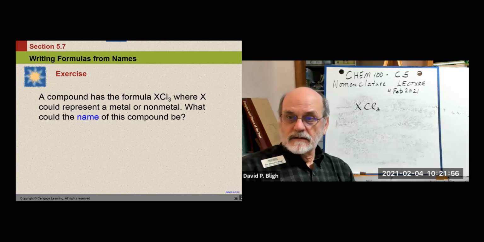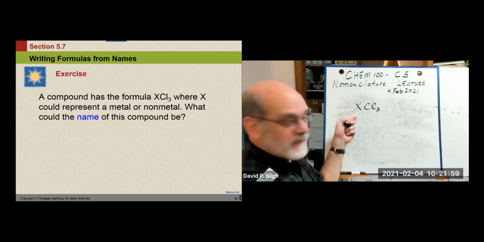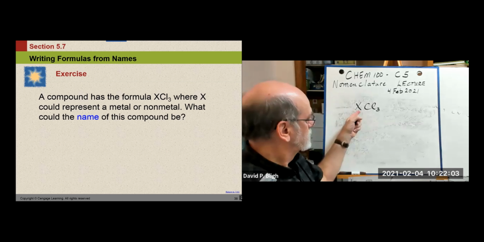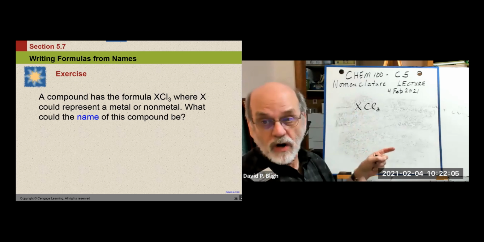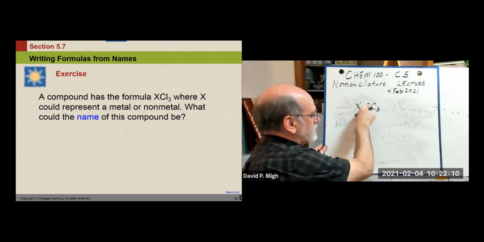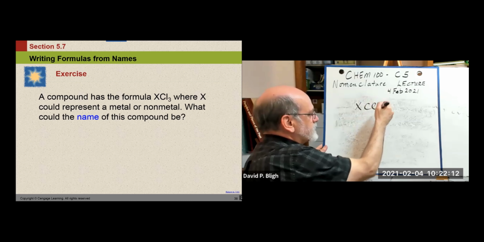Well, if it's a metal, then it depends on the charge, right? The charge would have to be 3+, because this is 1-.